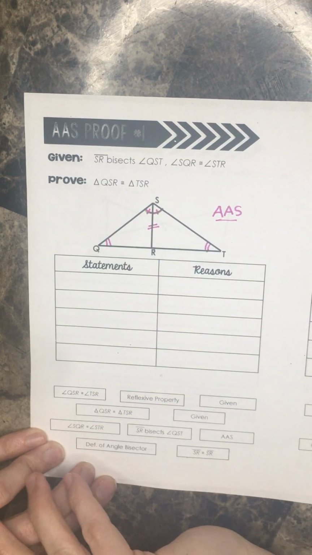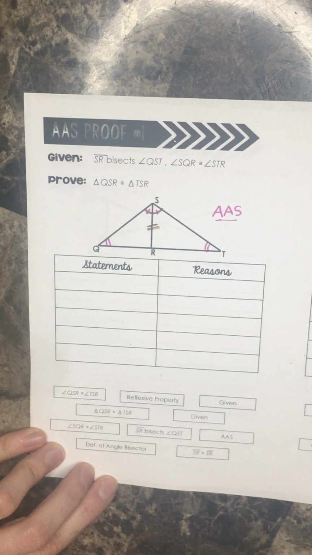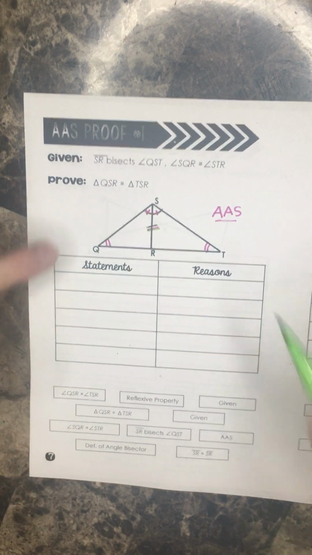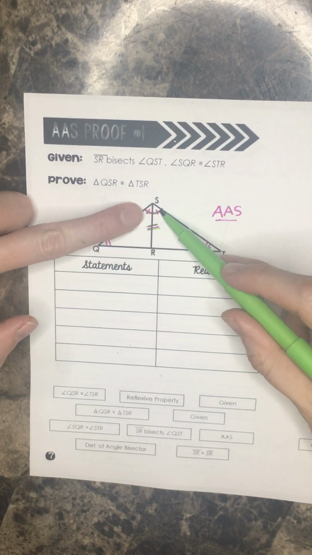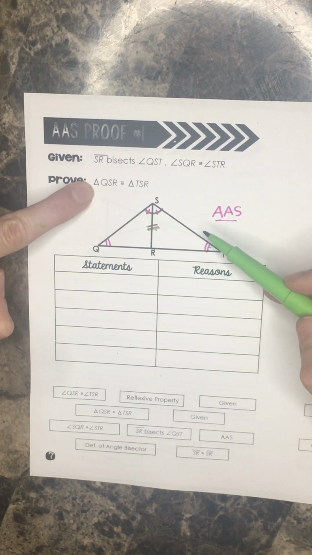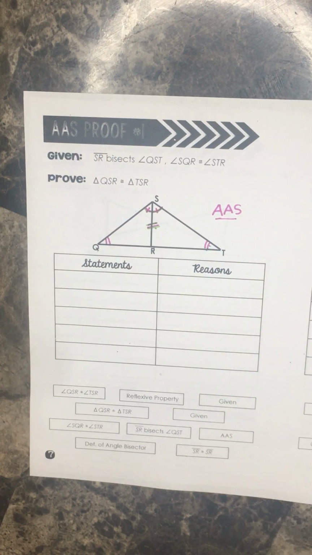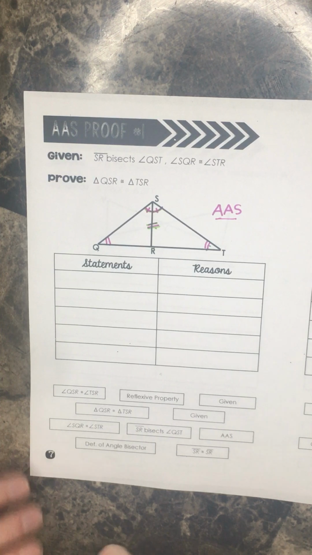Those are given, the two pairs of angles. Then we know by reflexive that this side is congruent to itself. So what we have here is an angle, an angle, and a side. We're trying to prove the triangles are congruent, and we know that having two angles and a side is enough to prove they're congruent. So we're ready to write out our proof.